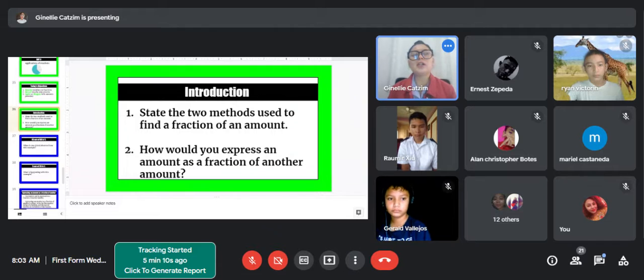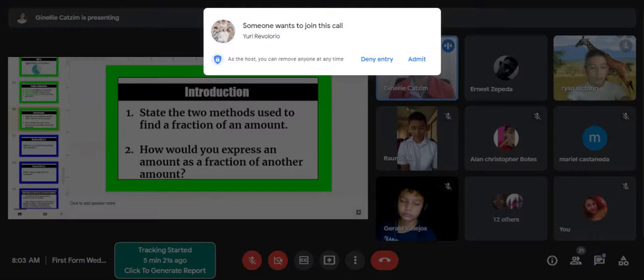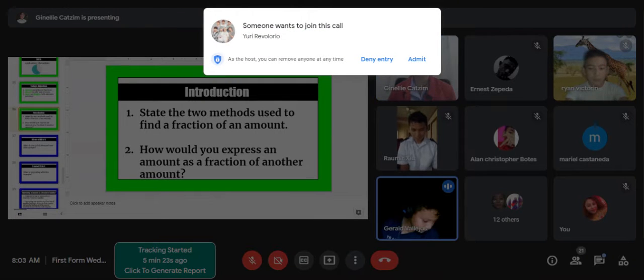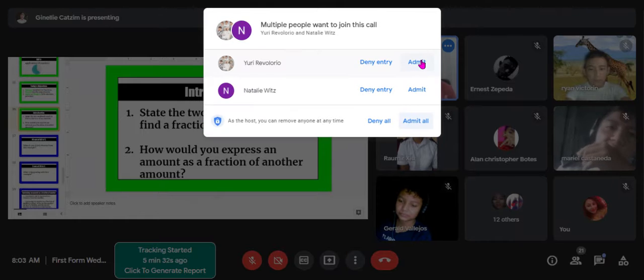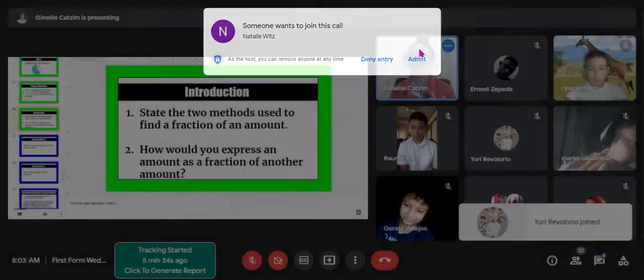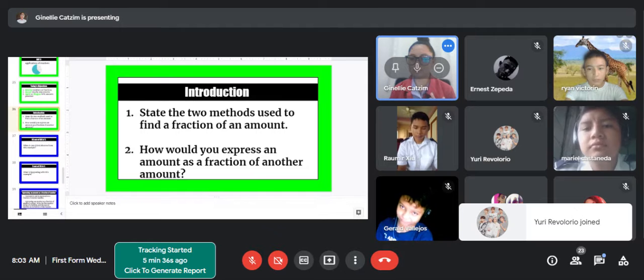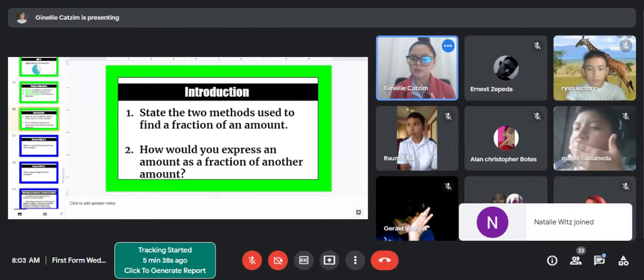So, can you state the two methods used to find a fraction of an amount? Monday and Tuesday we did this. Grouping with images, right? Very good. And what's the other one?